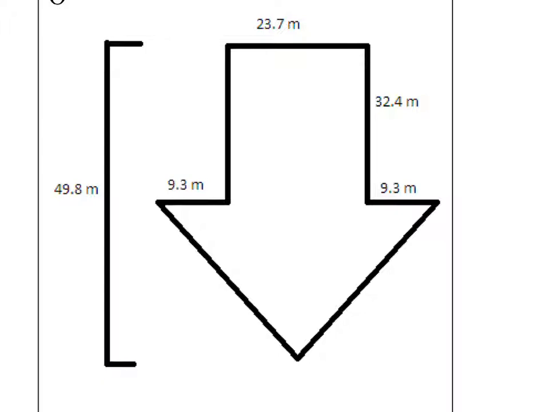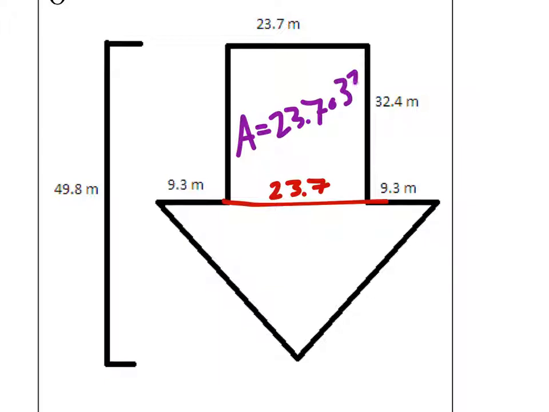So this arrow I'm going to split up into a rectangle and a triangle. This length, by the way, is 23.7, which we will need. So the area of the rectangle is going to be 23.7 times 32.4, so we got 767.88 on that rectangle.